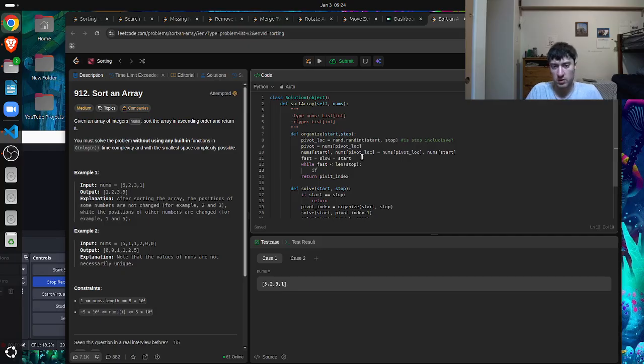So if nums of slow, okay, so this I'm looking for non-conformance right here. So if nums of slow is larger than my pivot, right? This is a non-conformance condition. Okay?